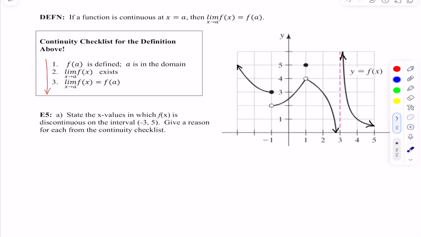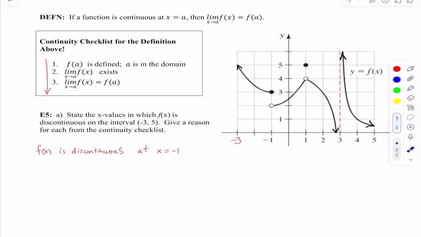There are some obvious places where it's discontinuous. f of x is discontinuous at x equals -1. Now we have to give a reason why. Notice f of -1 is defined. f of -1 is right there, so it satisfies step 1 in our checklist.